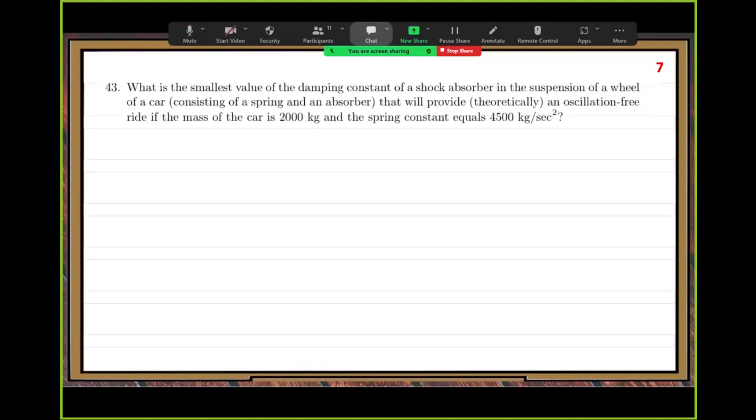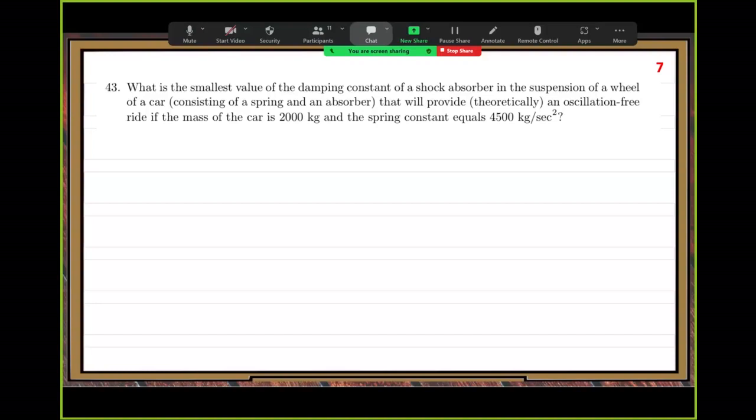This one is about a car. Damping constant, shock absorber, suspension of a wheel of a car. So that's the mass spring system. A car has 4 wheels, and the car weight is evenly distributed.